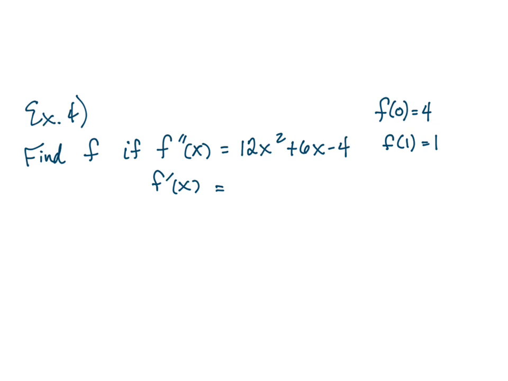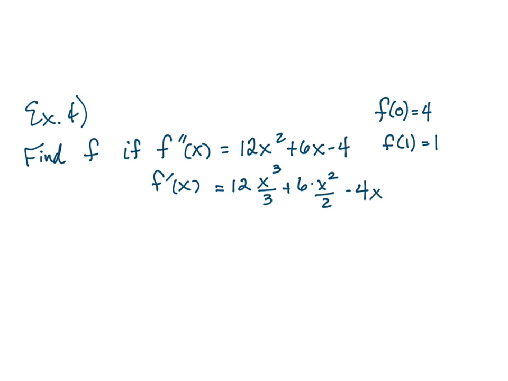Okay. So we're going to keep the constant. We're going to anti-differentiate x squared, which is x cubed over 3, plus 6 times x squared over 2, minus 4 times x.